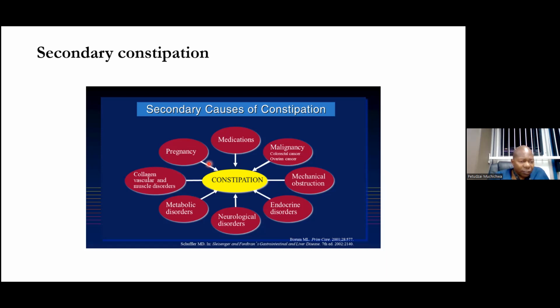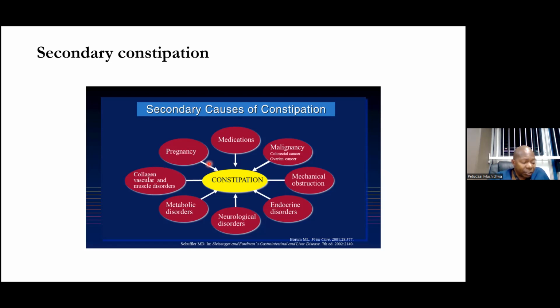Other causes, not so common, would be myopathies, patients with amyloid, scleroderma. Also, when we look at these patients, they will have telltale clinical features to suggest these conditions, and we have to investigate accordingly.